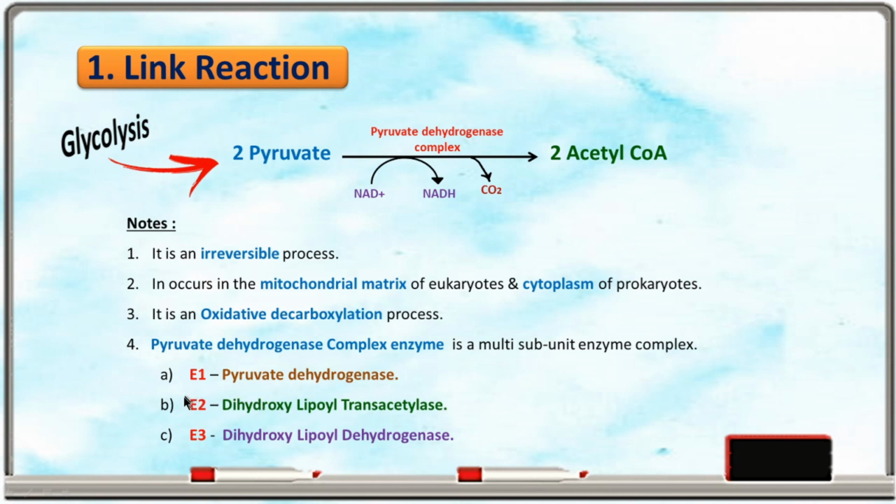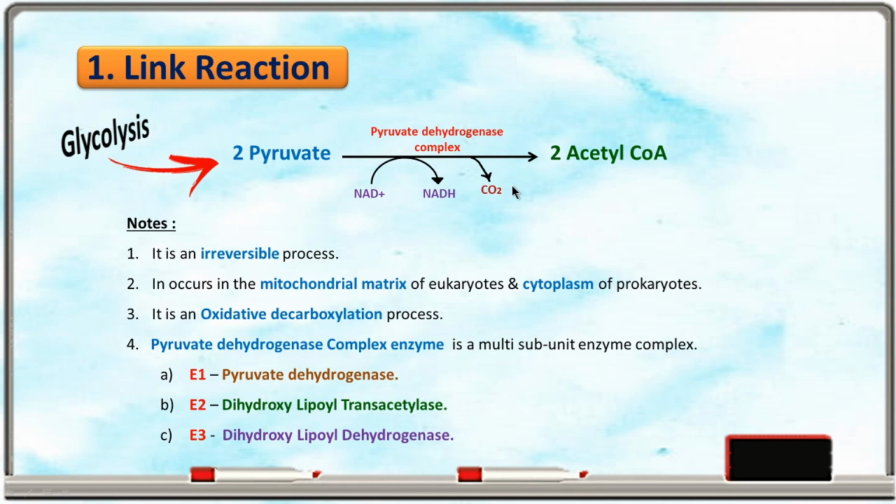The second one, E2, is dihydrolipoyl transacetylase. And the last one, E3, is dihydrolipoyl dehydrogenase. These three enzymes act together on the pyruvate molecules to convert them into acetyl-CoA, to convert NAD plus to NADH, and to eliminate the carbon in the form of CO2.